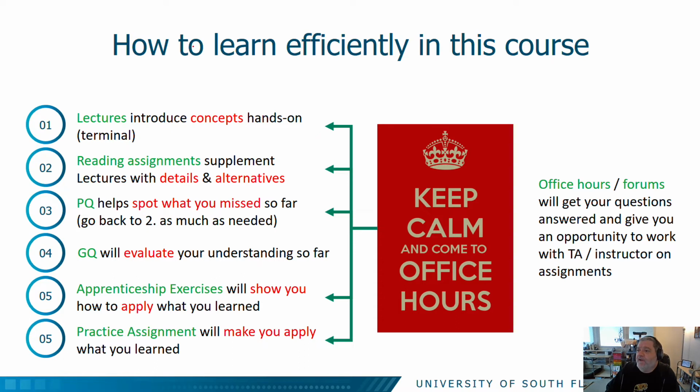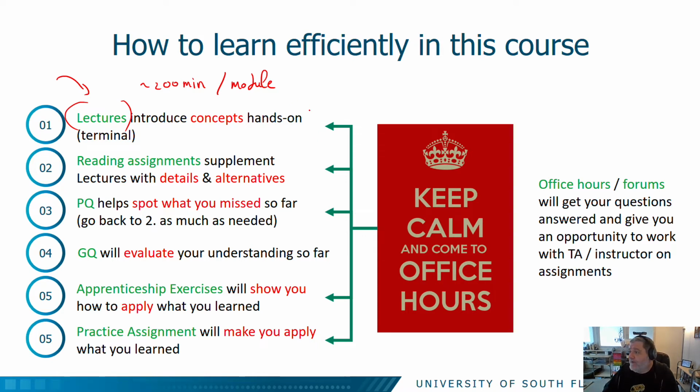So let's review together. First, there are always going to be video lectures. You can count on approximately 200 minutes of video lecture per module, so per week. The first step is to watch those.